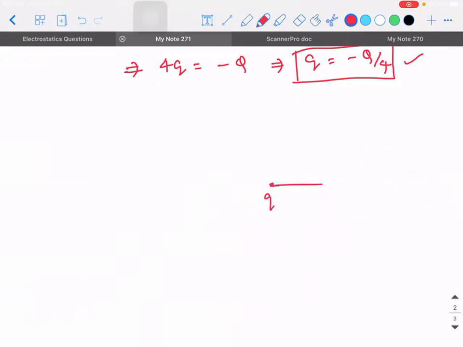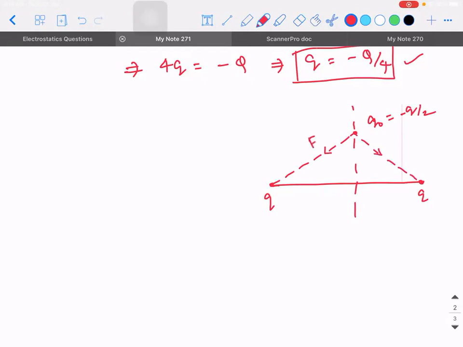So this is Q. This is another Q. This is Q naught, which is minus Q by 2. It will travel in this direction like this.